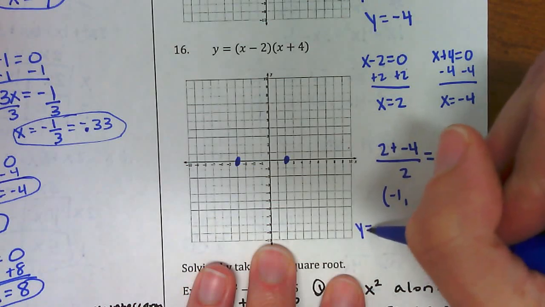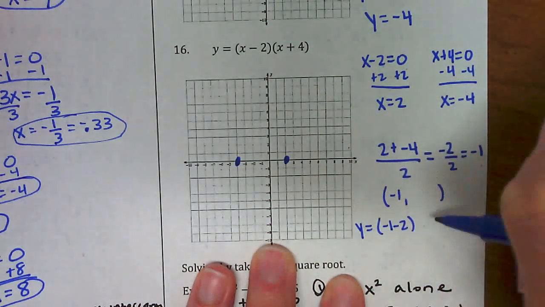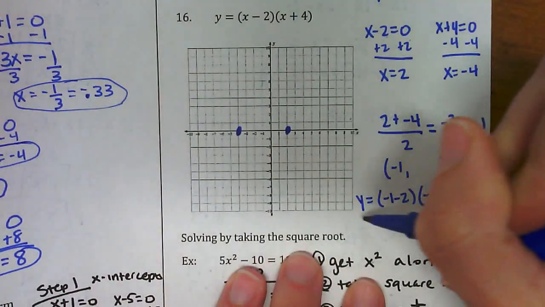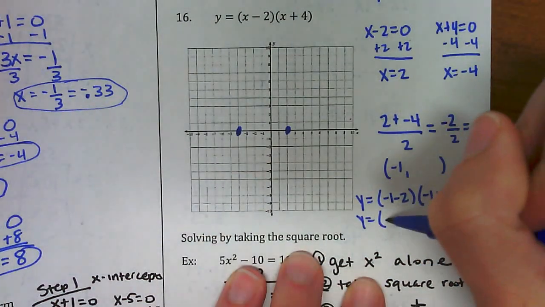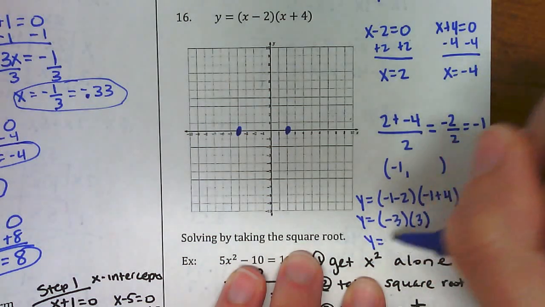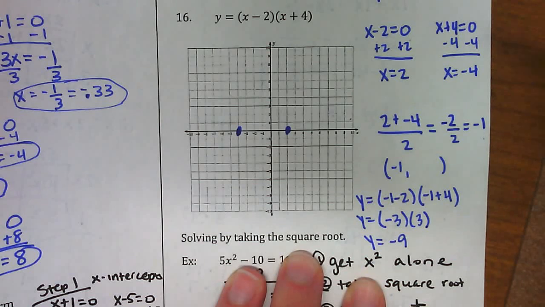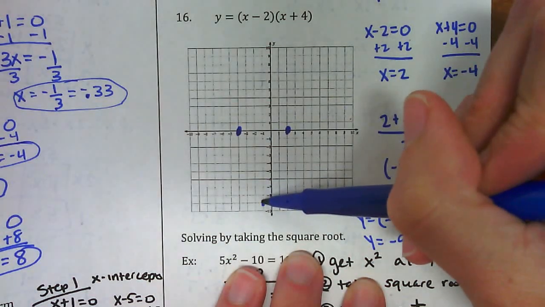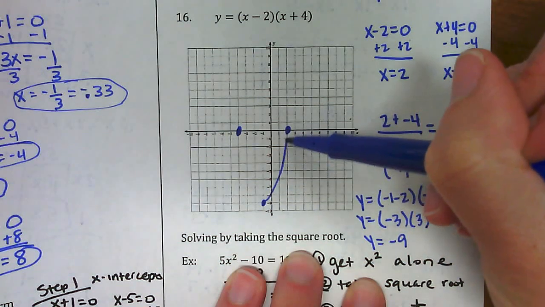So I plug in that -1 to the x spot and then follow order of operations. I get -3 times 3, so y is equal to -9. So the point is (-1, -9). And then I can make my curve.